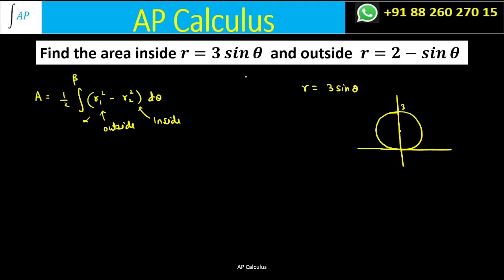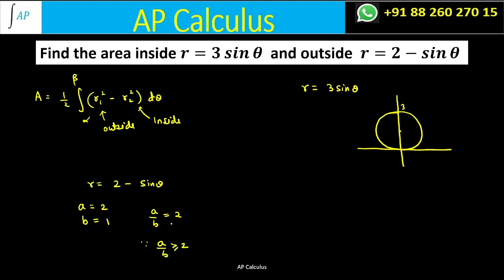Second, we have r = 2 minus sin theta. It is a type of limaçon. Here a is equal to 2 and b is equal to 1, so a upon b is 2. We can say a upon b is greater than or equal to 2.